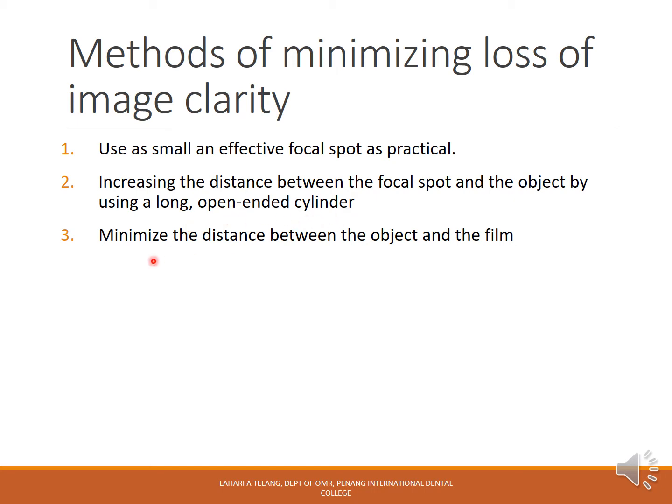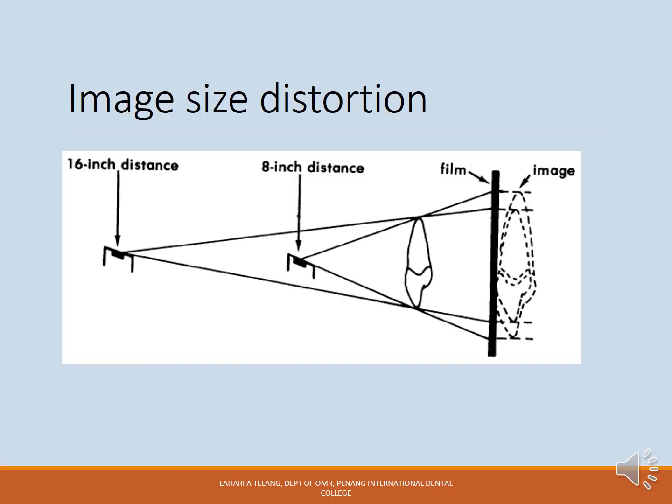What is in your hand is to minimize the distance between the object and the film, and hence image clarity can be maintained even when using the paralleling technique or the bisecting angle technique, if you maintain a small distance between the object, that is your tooth, and the film.